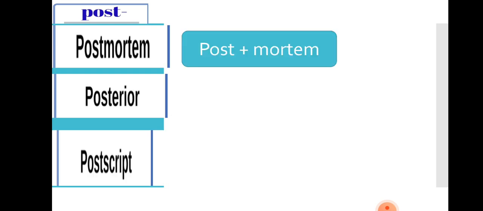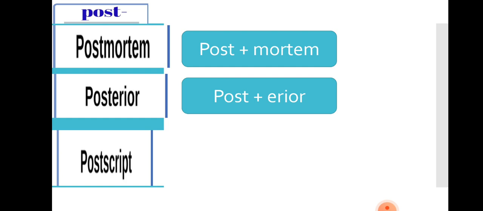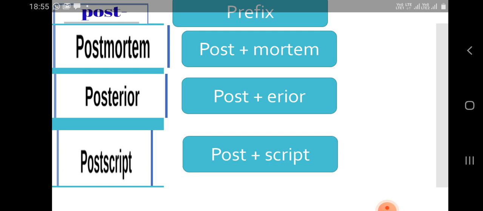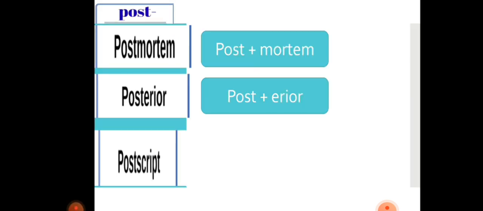Okay, so now you see, post is a prefix: postmortem, posterior. You can divide that as post plus mortem, post plus erior, and post plus script. So you call that a prefix. Automatically here you have post as prefix.